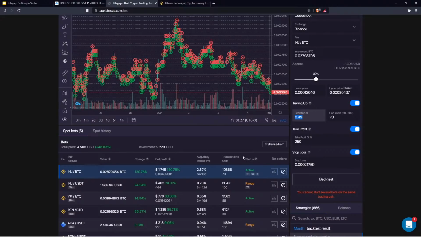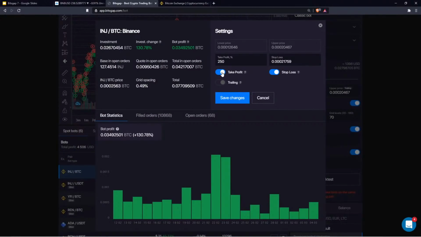Though what you can do is you can always set the take profit, or you can switch it off. You can always set the stop loss if you forgot at the time you launched the bot, and you can also disable the stop loss at any time you want.